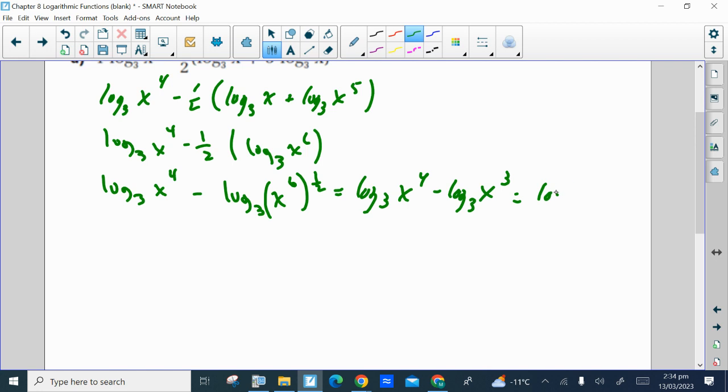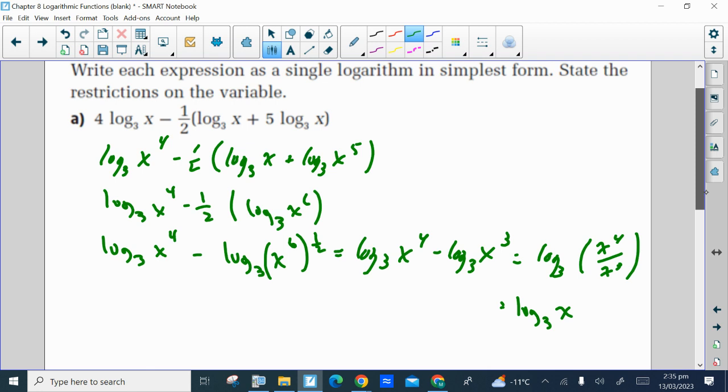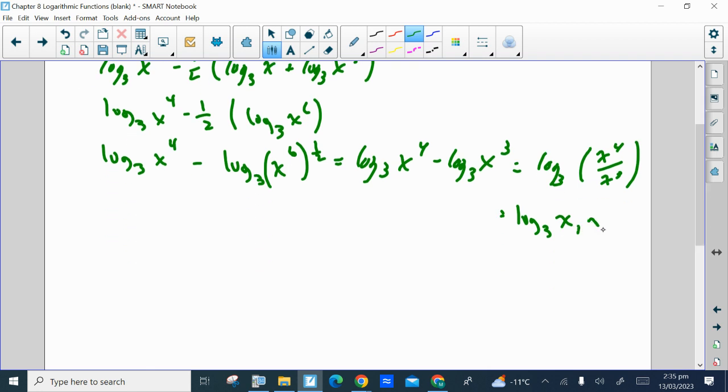And now we can write these as a single log by using the quotient law. It'll be log base 3 of x to the 4th over x cubed, which is just x to the 1 or x. And because all of the arguments are just x, x has to be greater than 0.